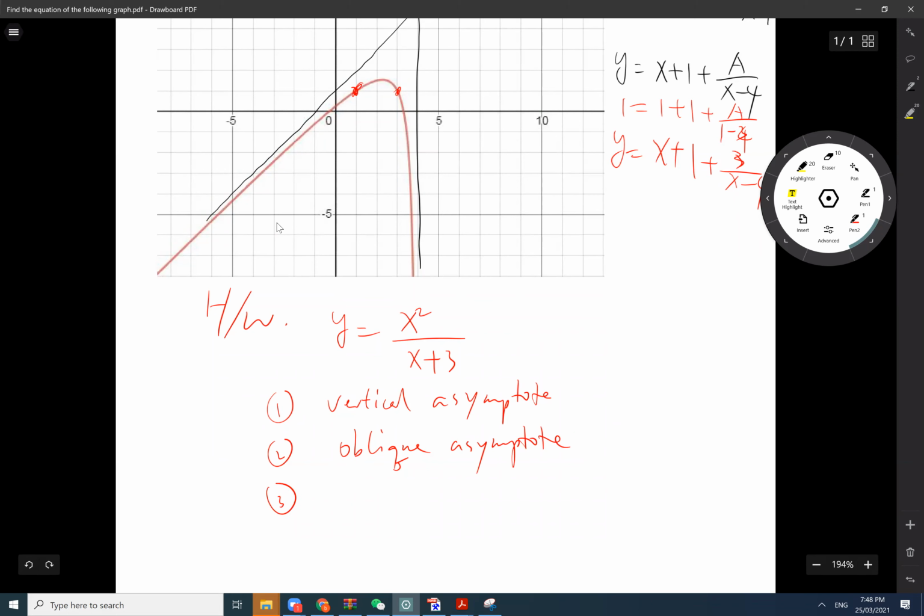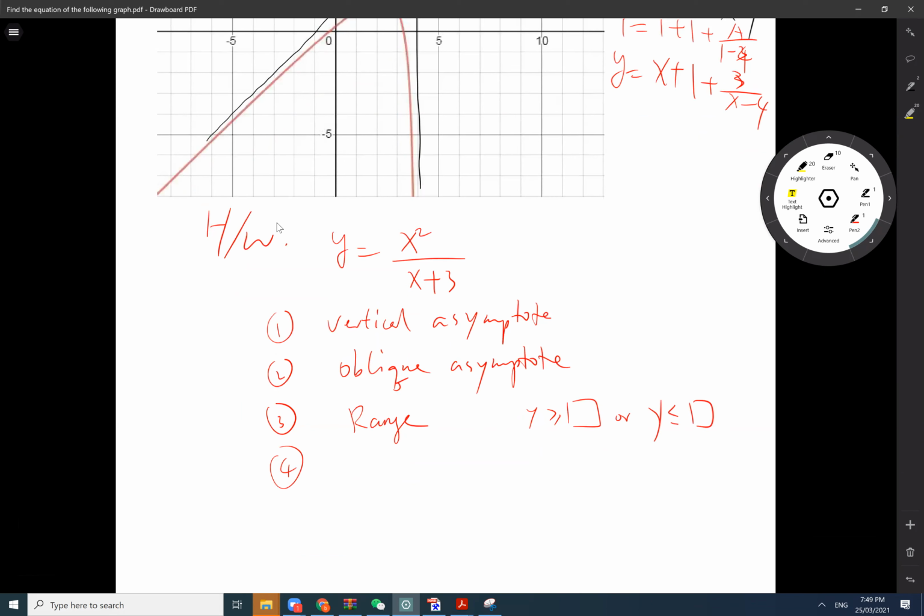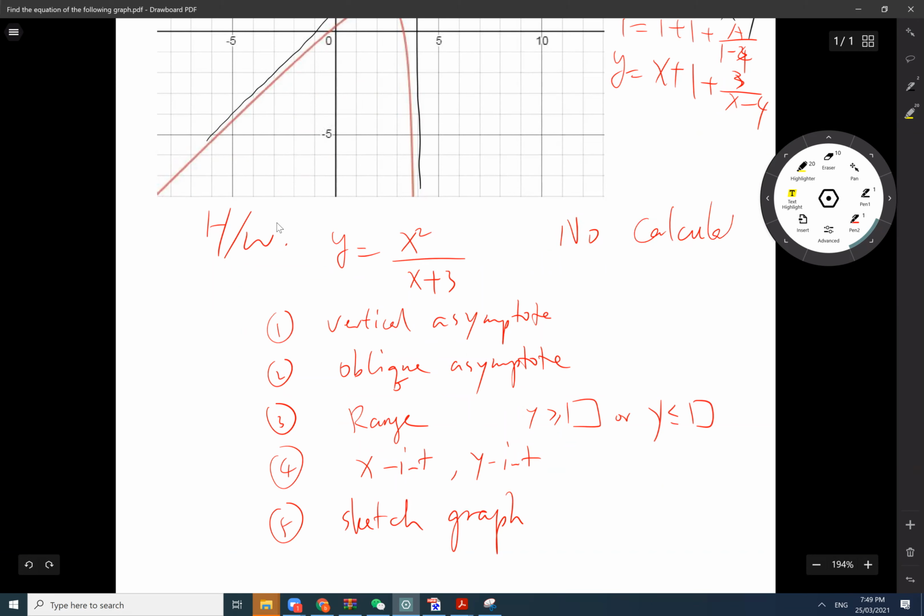Number 3: range, y bigger than or equal to, or less than or equal to. Number 4: x-intercept, y-intercept. Number 5: sketch the graph. No calculator. This is the question.